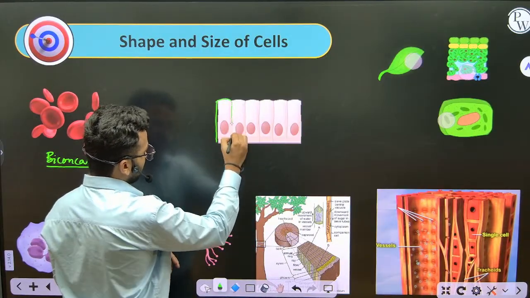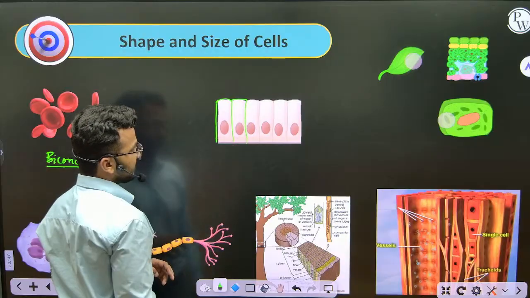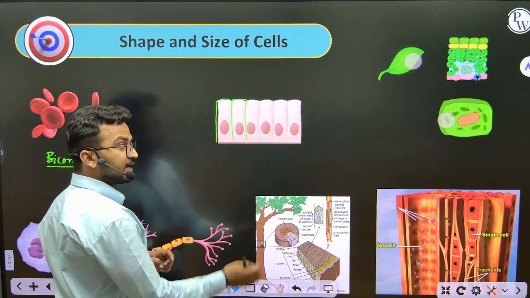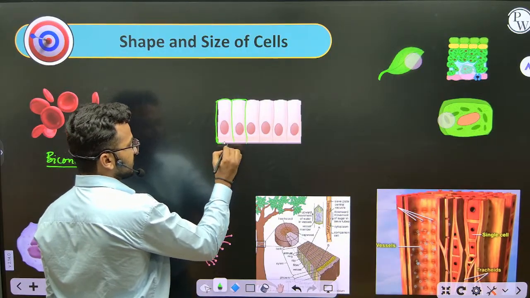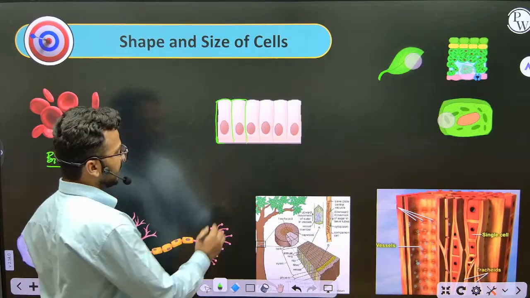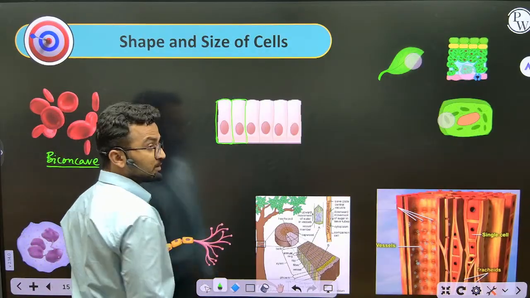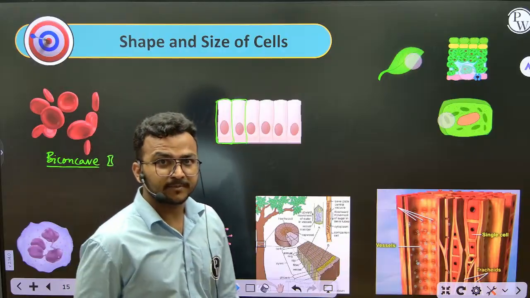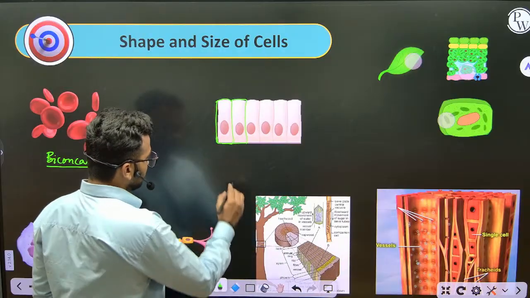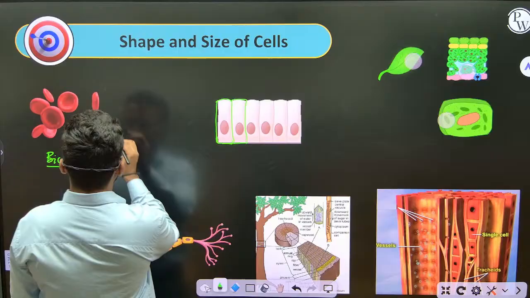It is like columns, like this, and it is an epithelial cell. Regarding this, you might be learning in structural organization in animals, and your sir might be teaching there.